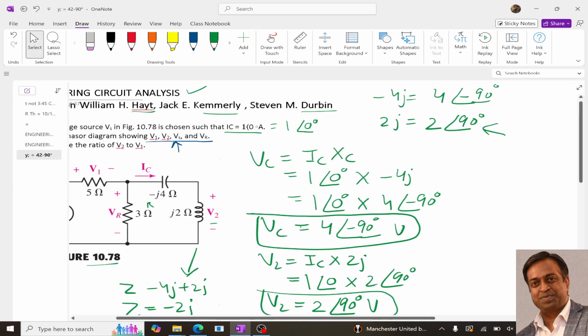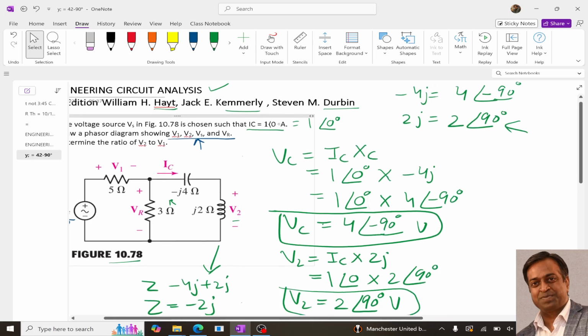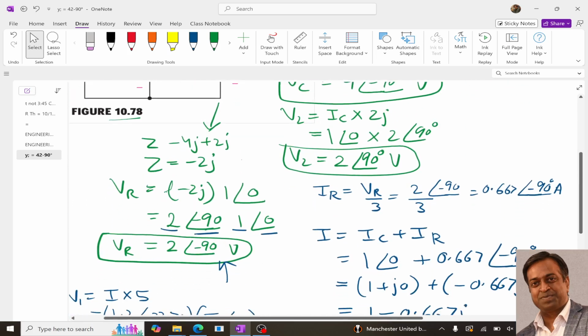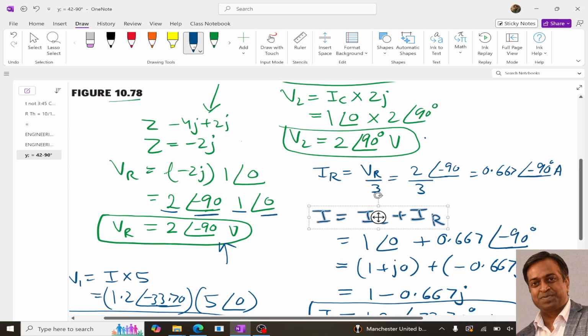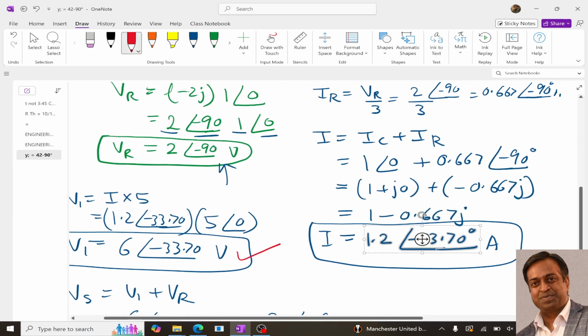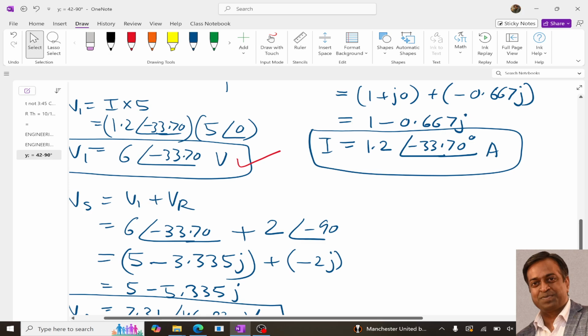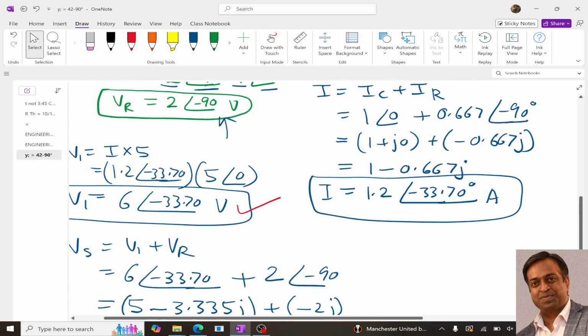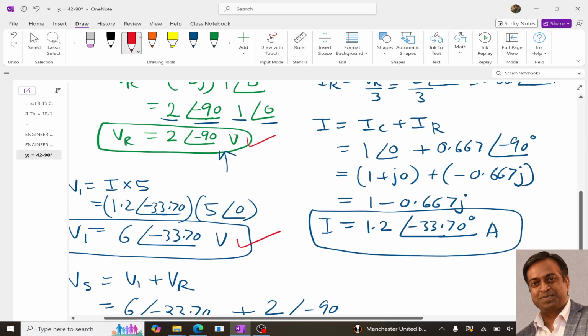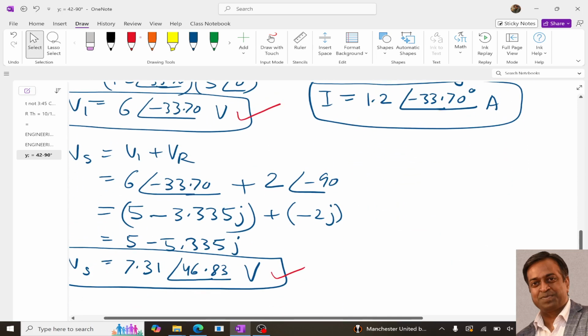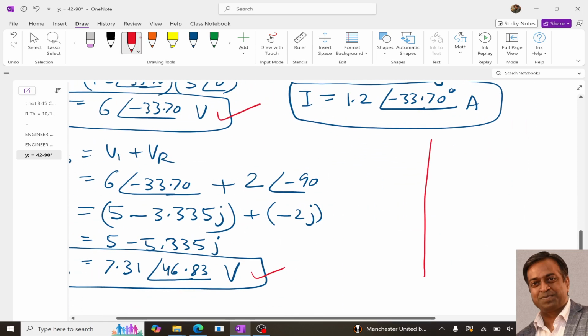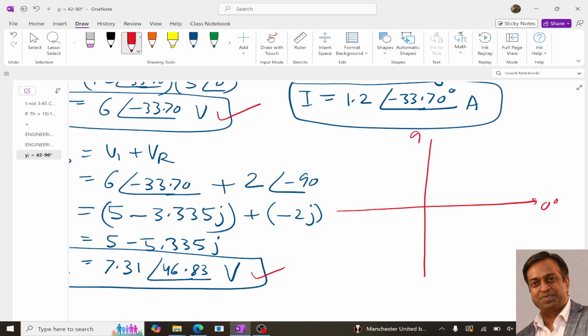So to draw the phasors V1, V2, Vs and Vr, our V2 is this, our V1 is this, our Vs is this, and Vr is this. If I draw a phasor diagram for this, we know the axes: 0 degree, 90, minus 90 or 270, and 180.